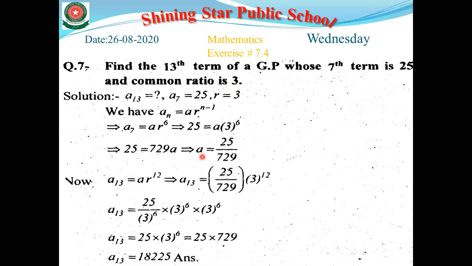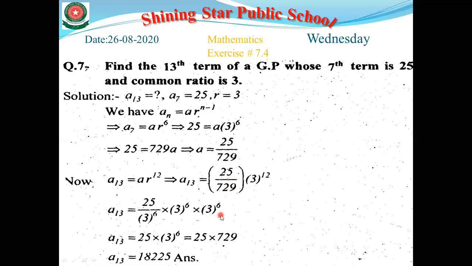Okay. Now, when we have A, R, and n, we can simply find any term of the GP. Now we have to find A13. n is 13 because we have to find the 13th term. So A13 is equal to A, which is 25 over 729, and R is 3 power 12. Now 729 is 3 power 6. So we write 3 power 6. And 3 power 12 we can write as 3 power 6 multiply 3 power 6.